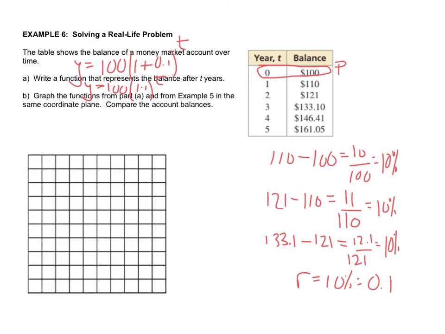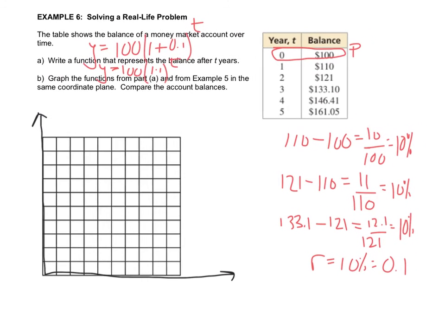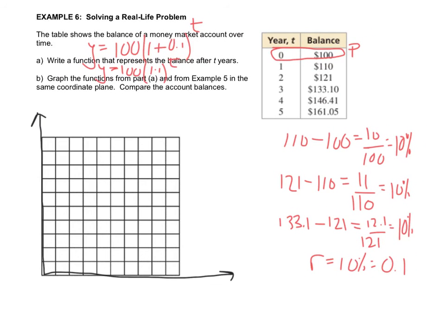So if I first just set up my graph, we're only going to see quadrant 1, right? The dollar amount, or our balance, would be our y values, and our t would be the time down here, right?